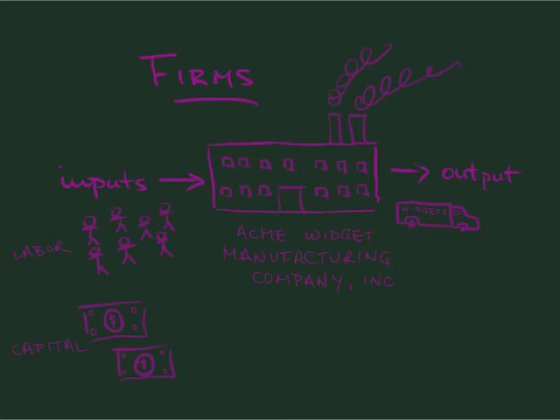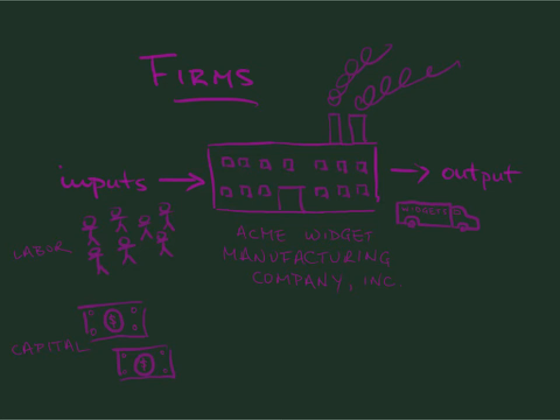This cute little drawing shows some of the important parts of the production process. Inputs go in, and some important inputs include the labor of the workers and capital. Capital is just a generic term for all the things that the company needed to purchase in order to start the business, things aside from materials. For the most part, capital are things that are not used up in production.